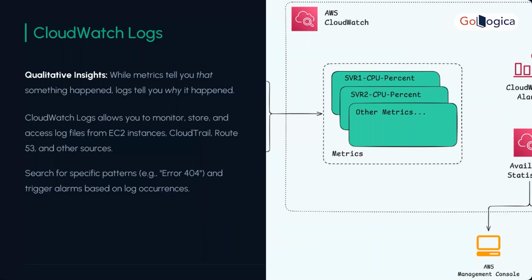CloudWatch Logs allow you to monitor, store, and access log files from your EC2 instances, CloudTrail, Route 53, or other sources. You can send or export your logs from different services to CloudWatch for analysis.